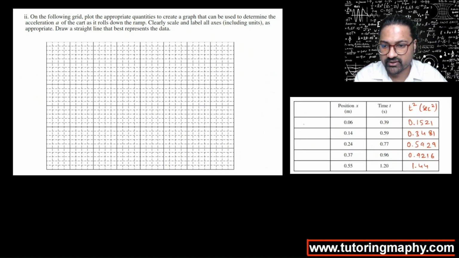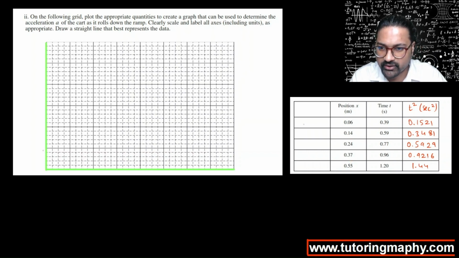On the y-axis, we will clearly have the value of position. So this is what our grid is going to look like, plus x and minus x-axis, of course. Let's see, how can we define the units? It goes from 0.06, 0.14, 0.24, 0.37, 0.55. I think 0.1 units on each of the grid positions on the y would suffice, because if this is 0.1, 0.2, 0.3, 0.4, 0.5, I think that will work, because 0.55 will also be right in the middle of 0.5 and 0.6.